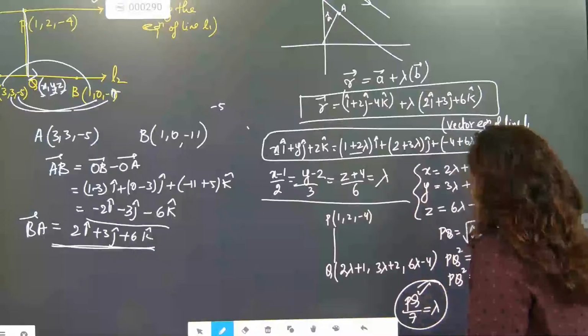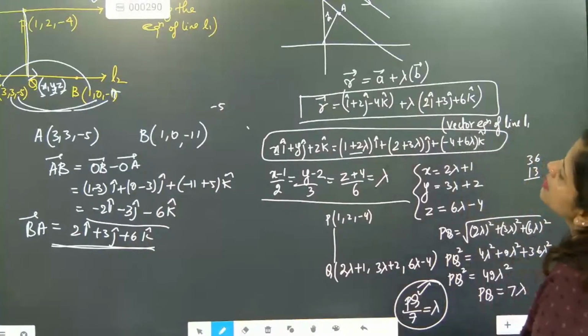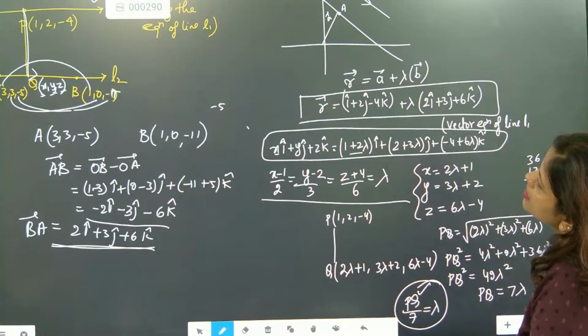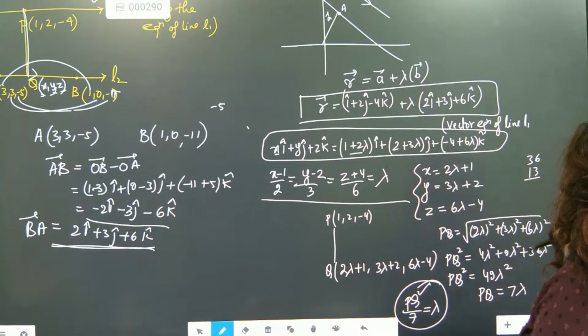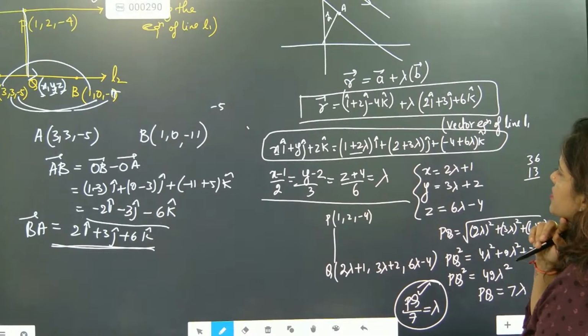So definitely PQ is equal to lambda coming. All the values are very clear. Lambda is constant. PQ we are getting, meaning parallel lines, perpendicular.